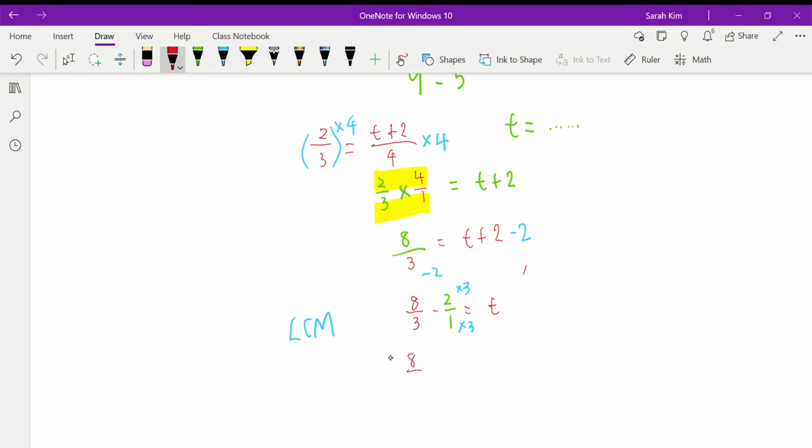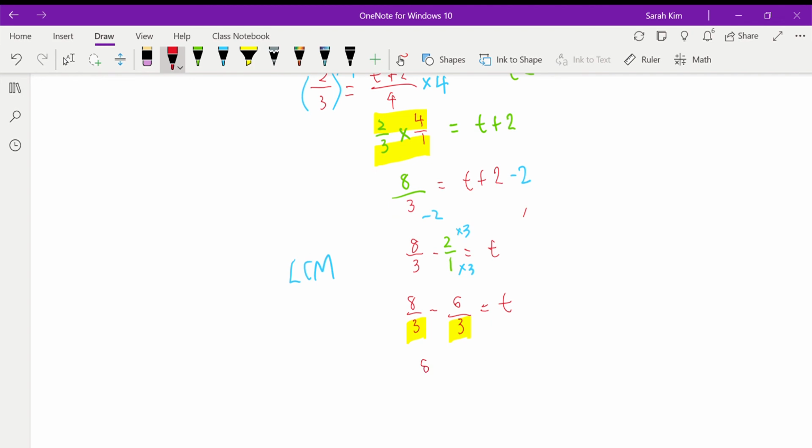So my 8 over 3 stays normal. I haven't done anything to it. But 2 times 3 happens to the top, 1 times 3 happens to the bottom. So that equals t, and I'm really, really close. Now that these denominators are the same, what I can do is combine the fraction. So I can go 8 take 6 and combine it into one fraction.